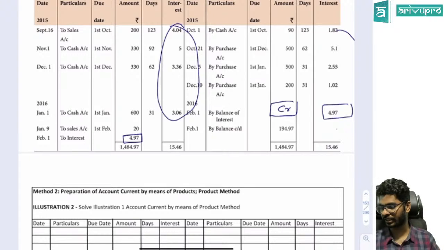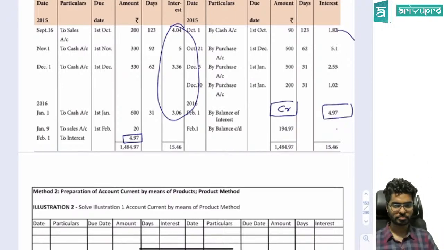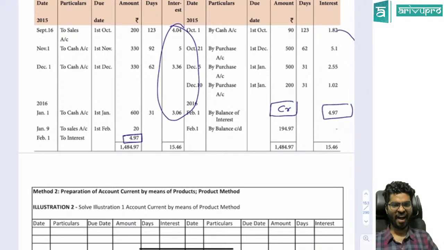If the balance was on the debit side, then you're going to put it on the credit side. Guys, are you clear?